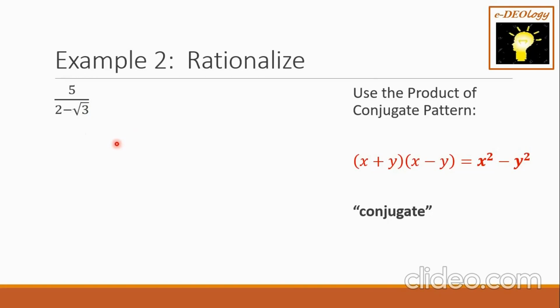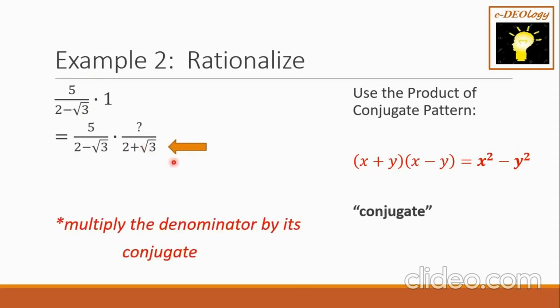Our first step is to show that we are going to multiply this fraction by a value equal to 1. And this value equal to 1 is a fraction. And then we're going to think of our numerator and denominator here. For the denominator, we're going to multiply this value by its conjugate.